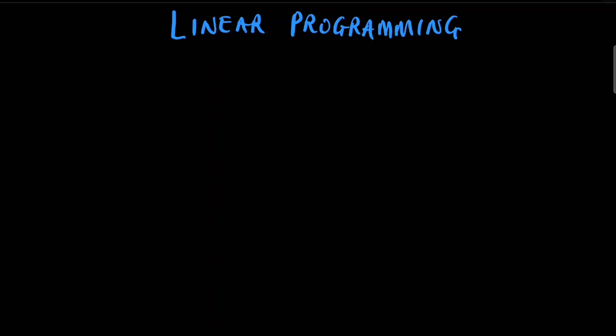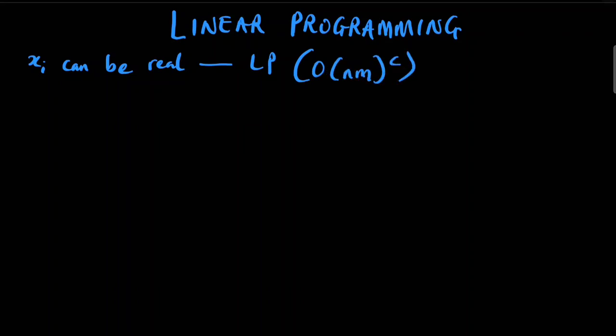Just a little bit of what we have talked about before. It's important to note that in linear programming problems, the variable xi can be real, and this is an LP problem, and usually its complexity will be O to the nm raised to power c.